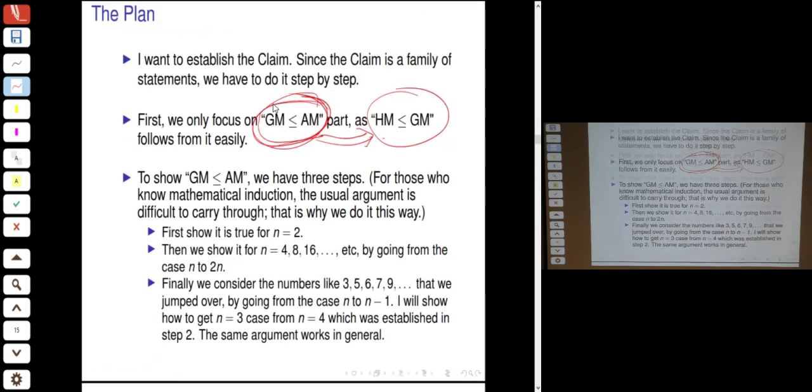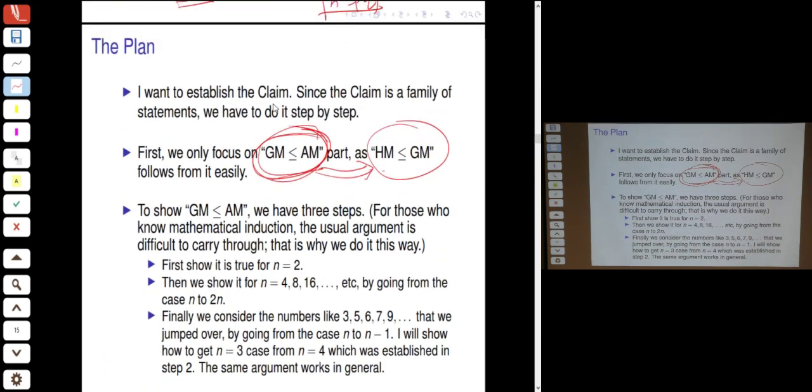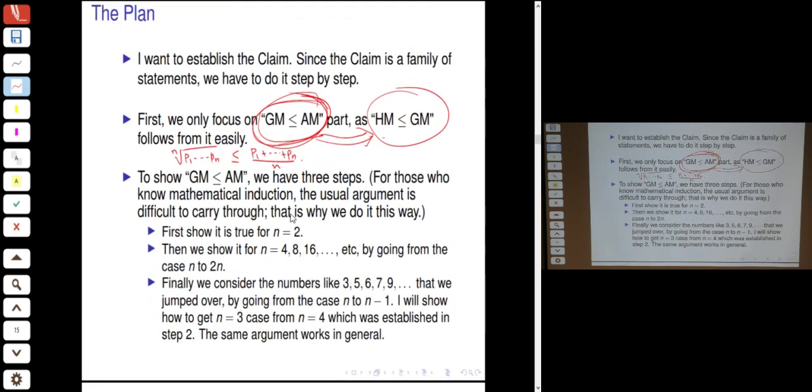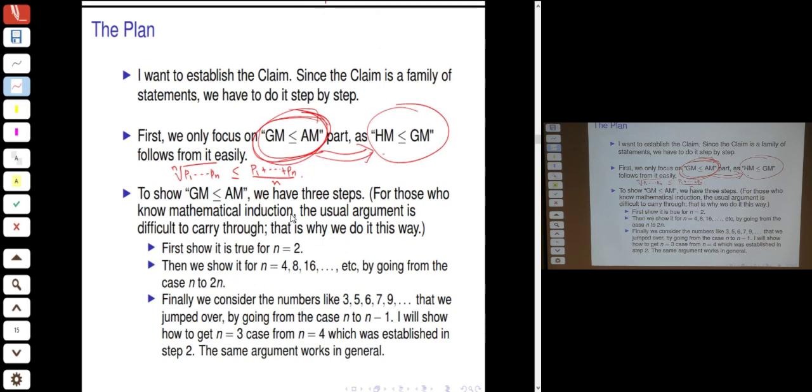So, for GM less than or equal to HM, less than or equal to AM, what are we talking about? The nth root of P1, P2 up to Pn is less than or equal to P1 plus up to Pn, by n. So, what we will do is the following. We will decouple it as a statement for every n.